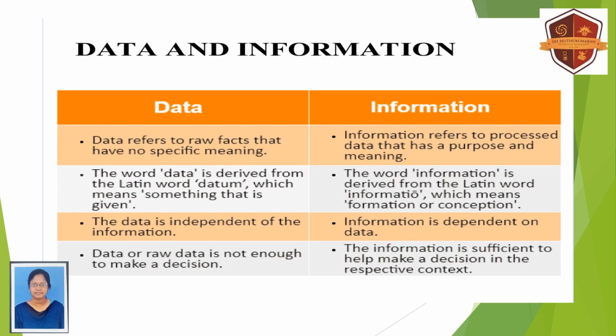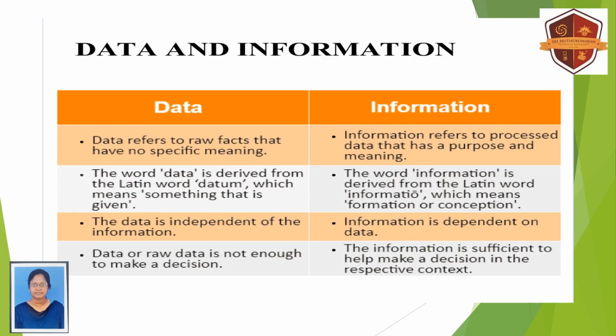Also, this time we will learn about the types of informations. The informations have been classified in various aspects. Classification of informations is based on the characteristics, the application, and also the management hierarchy. So we will see the classifications one by one.